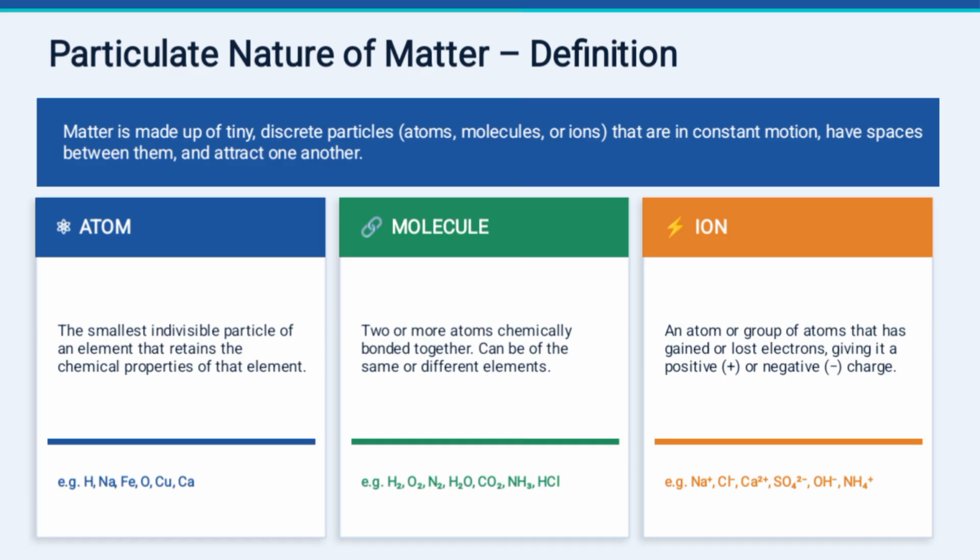So ions can be positive or can be negative. Ions that are positive are called cations. The ones that are negative are called anions. So atoms, molecules, and ions describe matter as a particle. They are the discrete particles of matter.